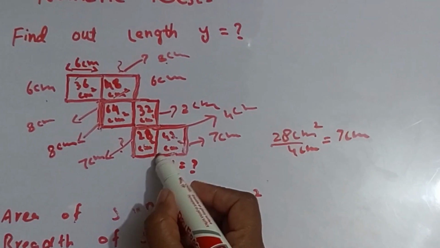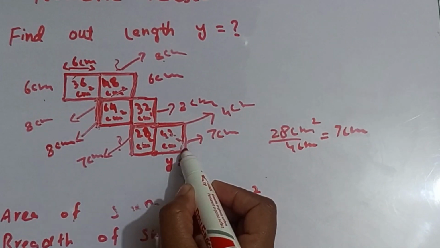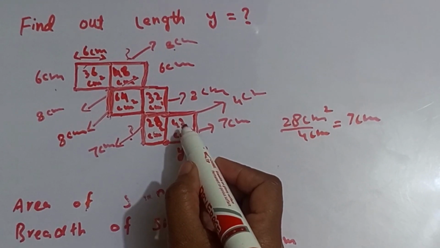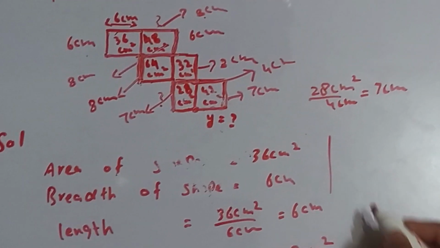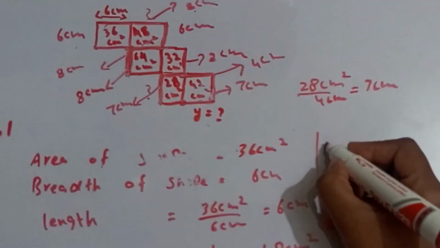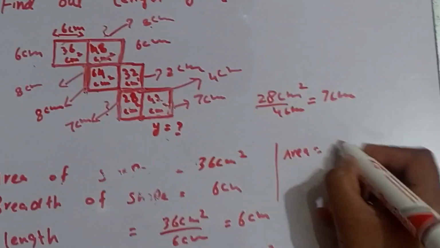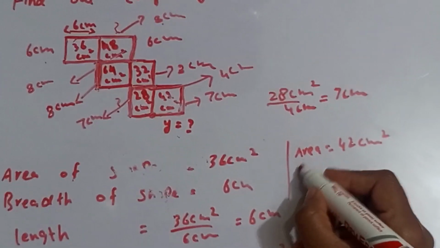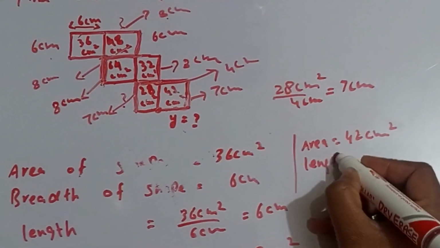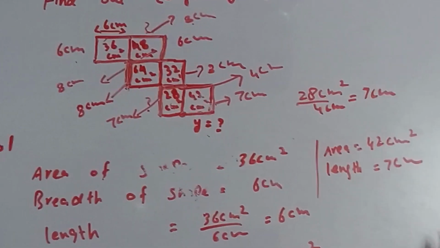We find the length of this side. The area is given, which is 42 centimeter square. The area of the rectangle is 42 centimeter square and the length is 7 centimeter.